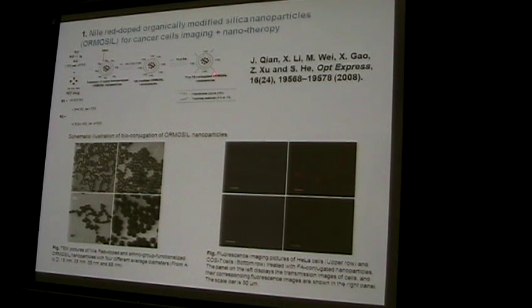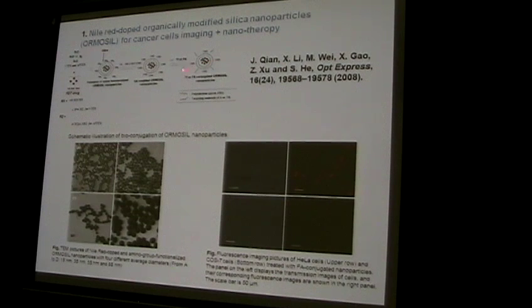bioconjugation. Because most of the cancer cells will overexpress TF or FA, in this example we use TF, and we need to replace some of the groups with TF here, and this is targeting the cancer cell.